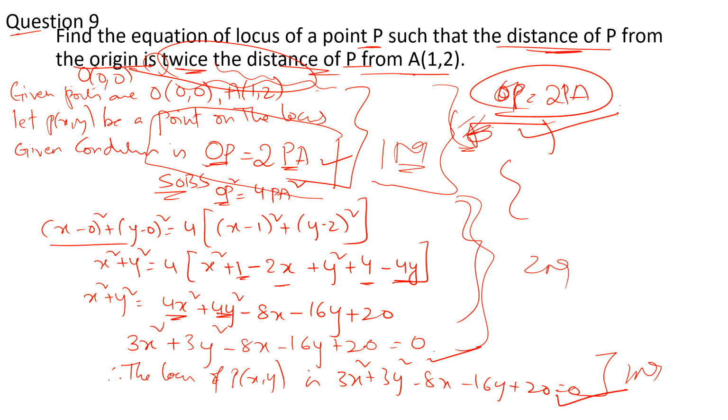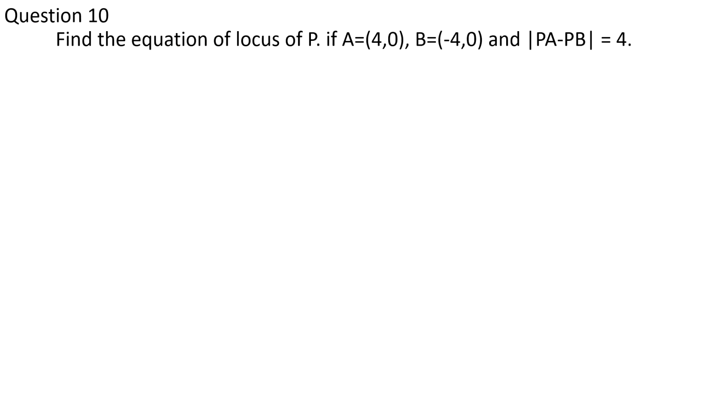Next question. Question number 10. Find the equation of the locus of P if A is (4, 0) and B is (minus 4, 0), and modulus of PA minus PB is equal to 4. I think this type of problem we have already done with the difference term.